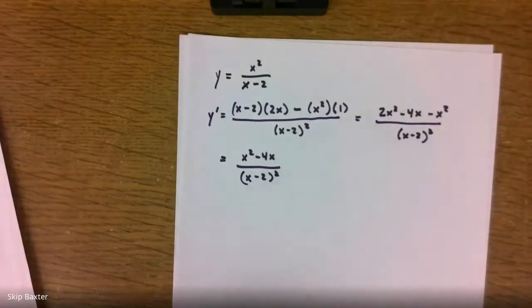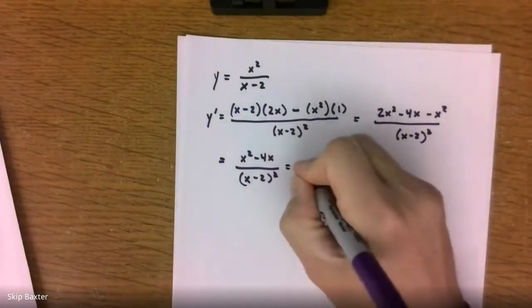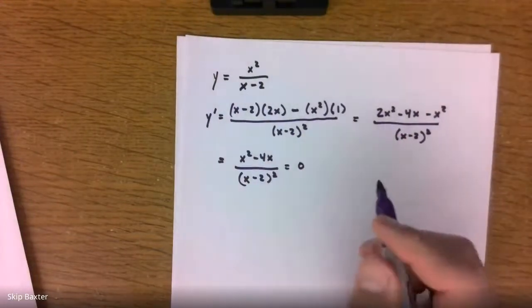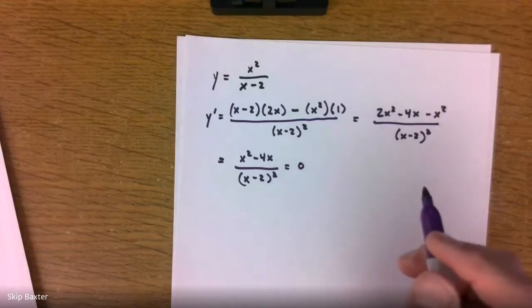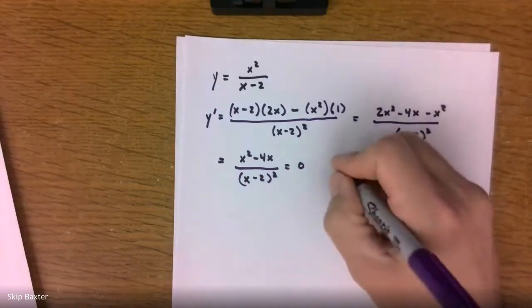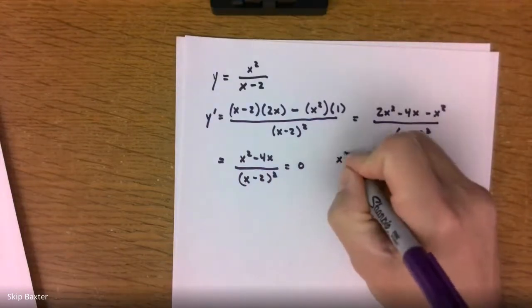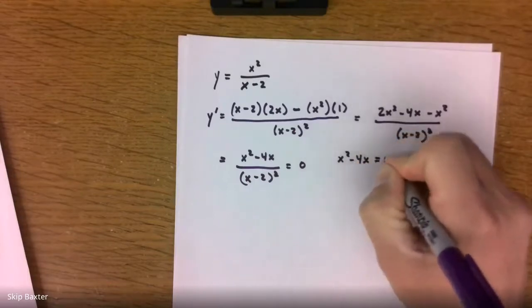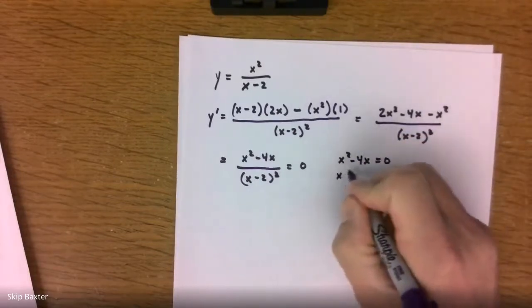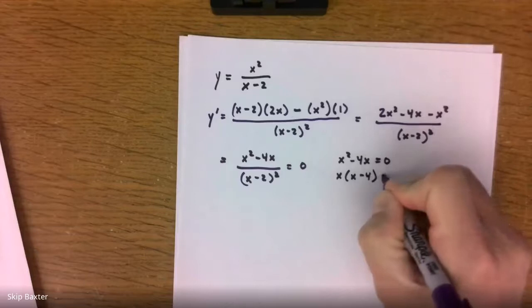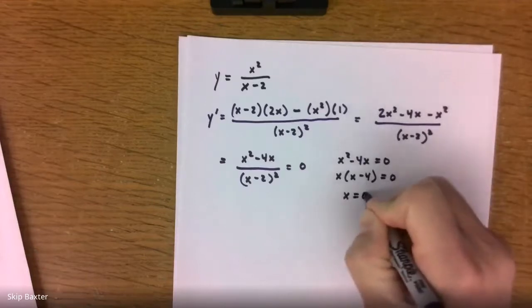Okay, so if I want to know when this is 0, I would set the top equal to 0, right? A fraction equals 0 whenever the top is 0. So this would be x squared minus 4x equals 0. I could take out an x. So x equals 0 and 4.